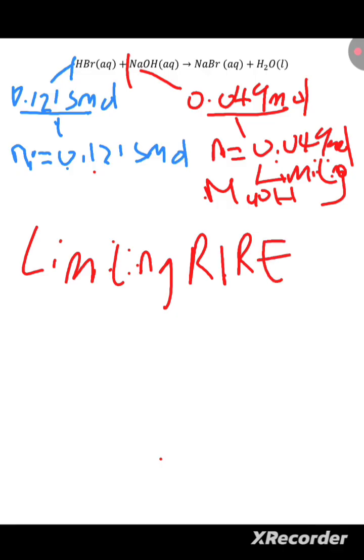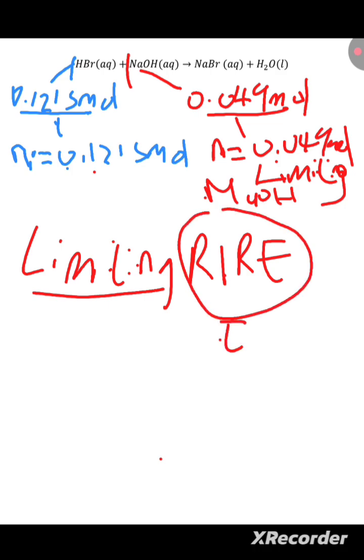So we have identified the limiting reagent. Now, this part is about the excess reactant. What do we do for the excess reactant? We must know the reacted number of moles. These are the initial number of moles, and these are the reacted number of moles.